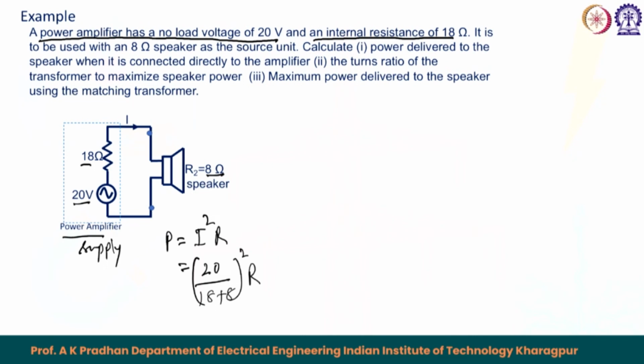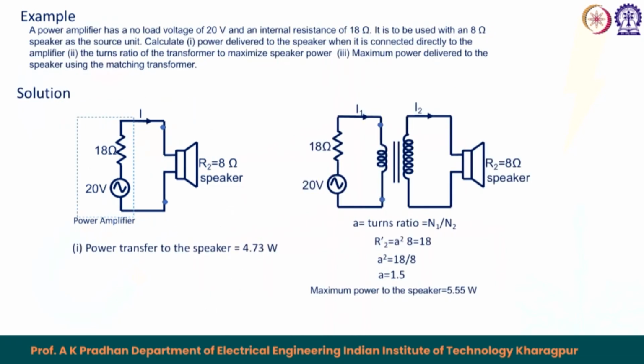Now find the turns ratio of the transformer to maximize the speaker power, like we discussed earlier. So, now we will connect the transformer across the power amplifier. Let the transformer turns ratio be A equals N 1 by N 2. This side is 8 ohm, and the source is 18 ohm.